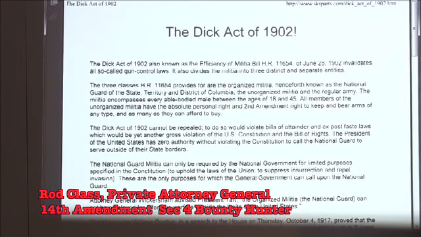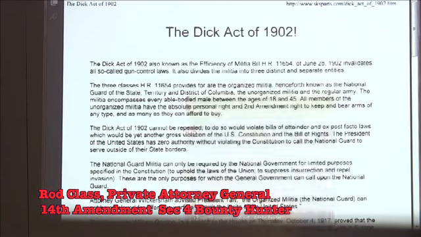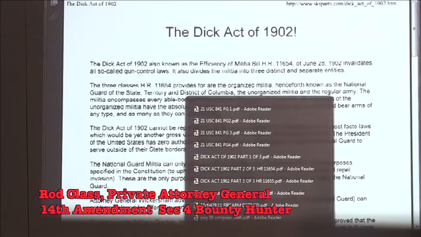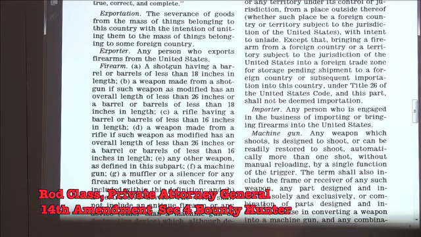Let me bring up to you, because there seems to be quite a bit of misunderstanding here of the term firearm. Firearm. A shotgun having a barrel of less than 18 inches in length.